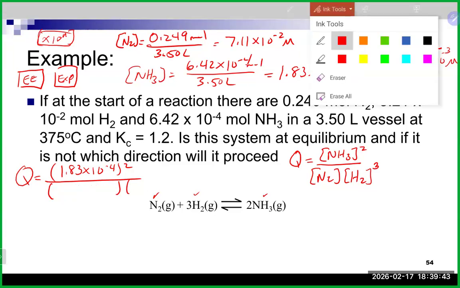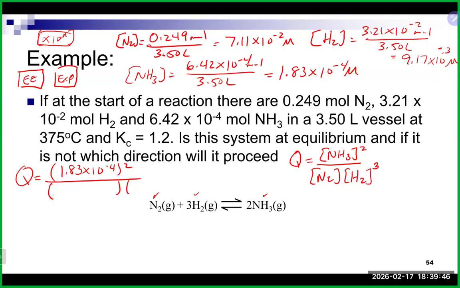All right, so N2, 7.11 times 10 to the minus 2. H2, 9.17 times 10 to the minus 3, and we do need to cube that one. All right, 1.83 to the negative 4 squared divided by 7.11 to the negative 2, hit equals, divided by 9.17 to the minus 3, and we're going to cube it. That's going to get us 0.611 as our Q value.